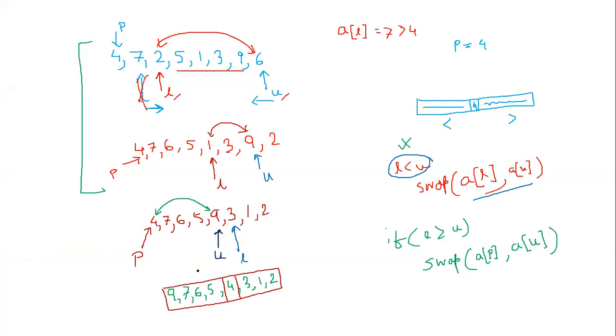So your array will be divided into this part and this part. This will be your subset 1, and this is your subset 2, where subset 1 has to be sorted again by quicksort, and subset 2 is to be sorted by quicksort.